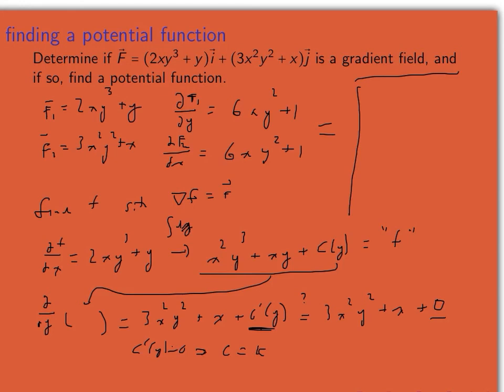So finally, little f, the potential function, is equal to, well, it's this. Okay, and I've determined that in fact c of y doesn't have any y's, but it could be some constant. So little f, the potential function, is x squared y cubed plus xy plus some arbitrary constant. There's the potential function.